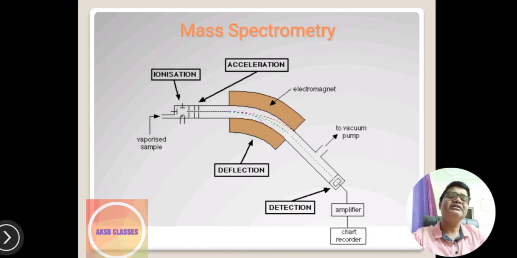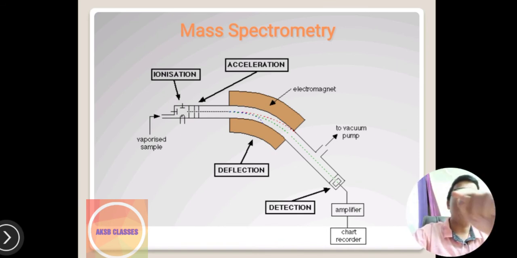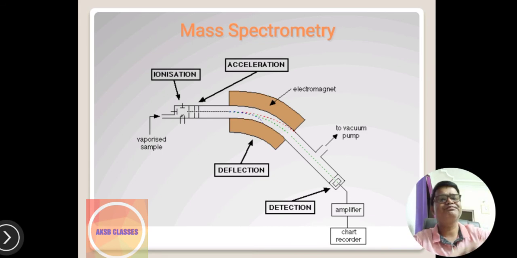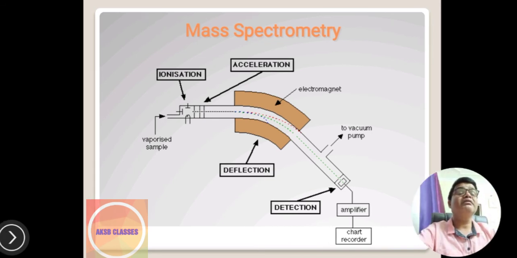Next, the last topic for characterization of protein is mass spectrometry. Mass spectrometry was given by J.J. Thomson for identification of the protein, for characterization of protein, and for quantification of the protein.